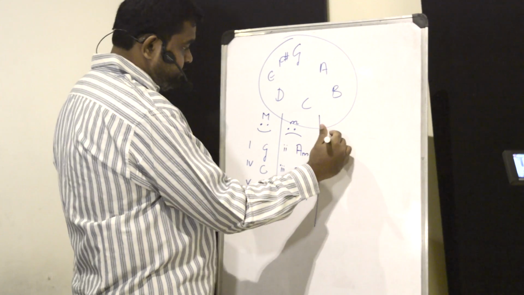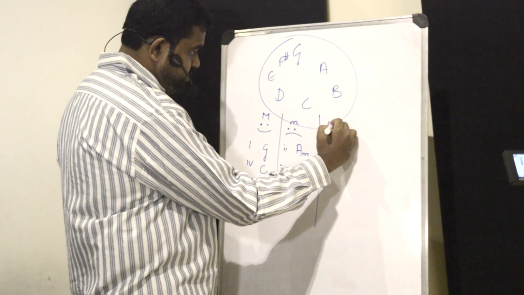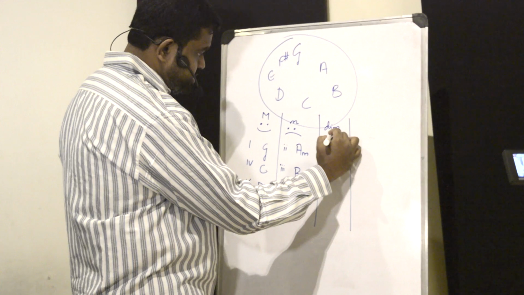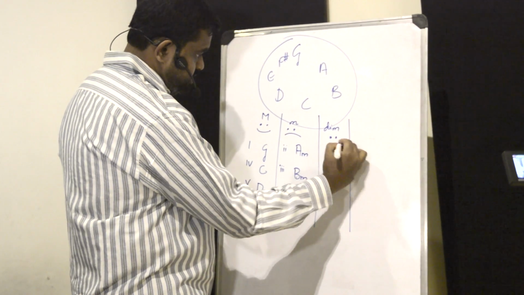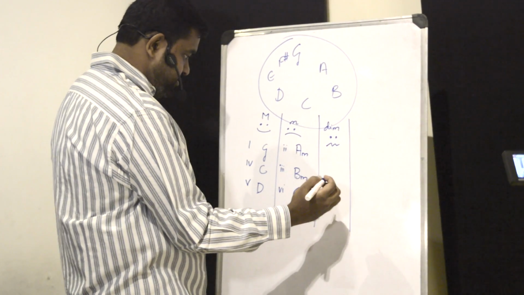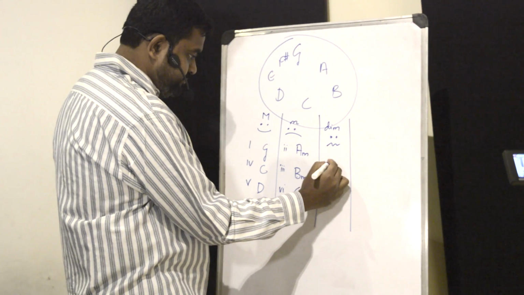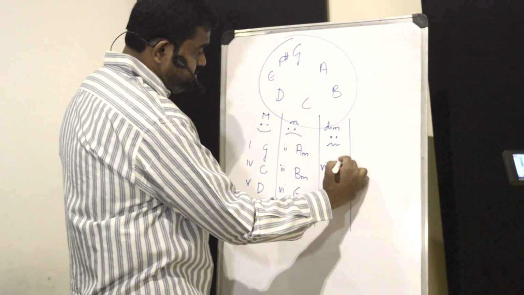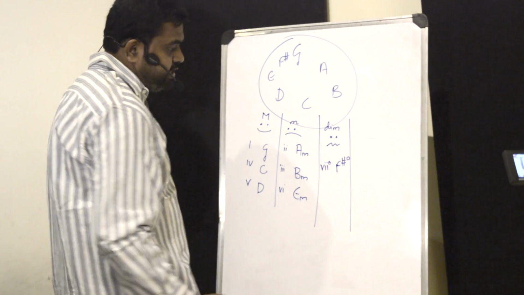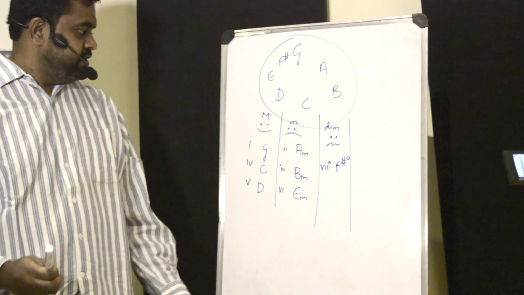And then you have the miscellaneous one, the 7th, which is going to be a diminished chord, which I'm going to try with this symbol. Hope you like it. And then that's your 7, and that 7 is going to be F sharp diminished. Rarely used in pop songs, but it could be there.